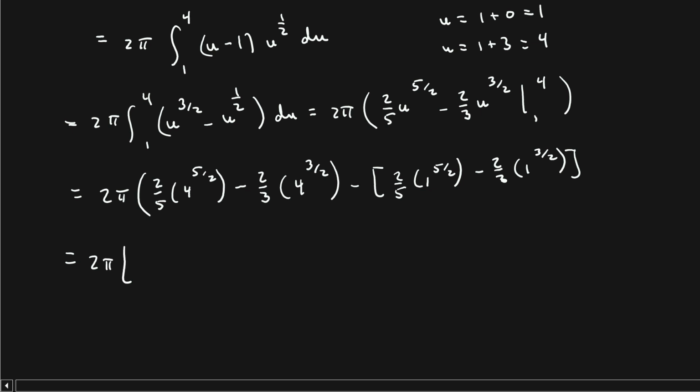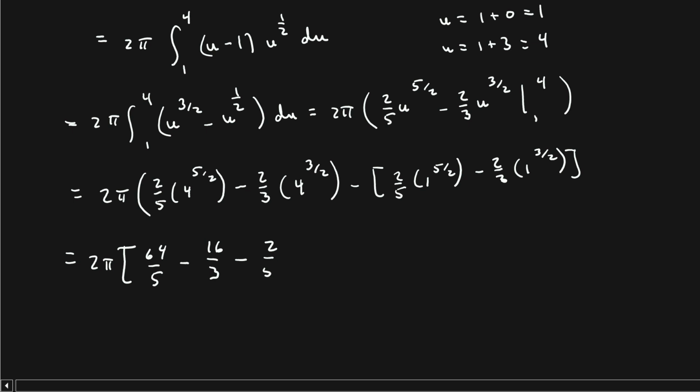You got 2 pi times, let's see, 4 to the 5/2. The square root of 4 is 2. 2 to the 5th is 32, so that's 64 over 5. Minus 2 cubed is 8, so 16 over 3.